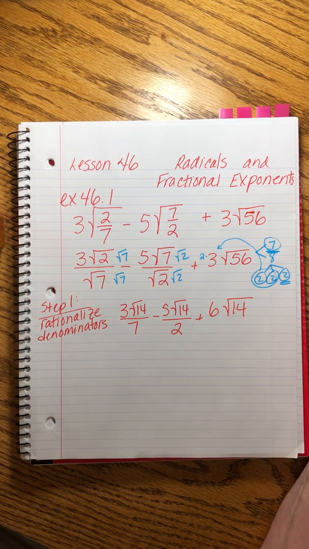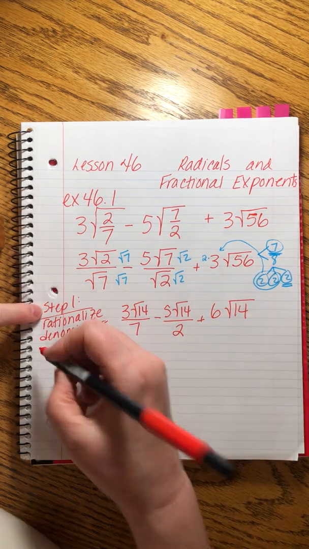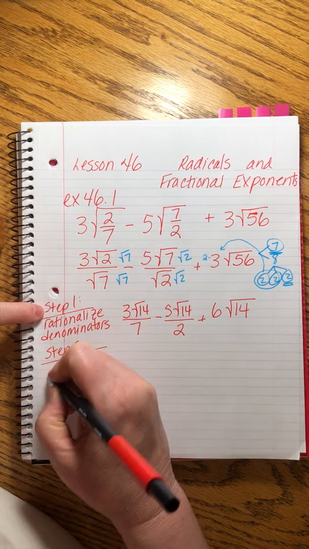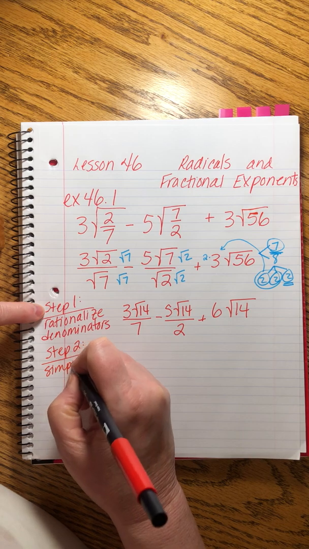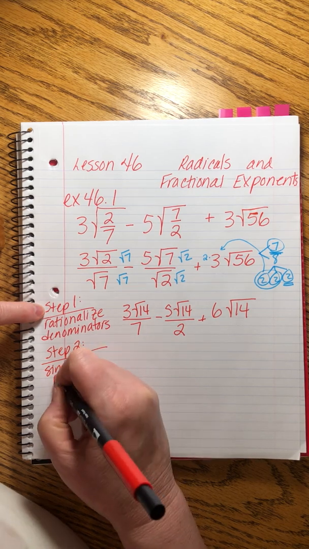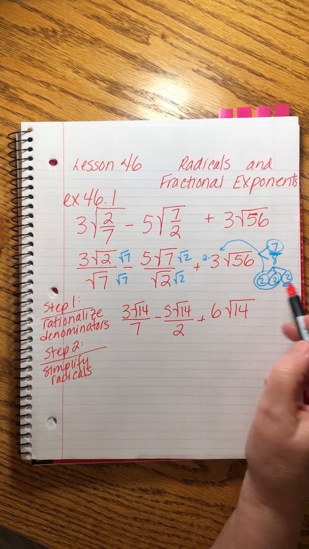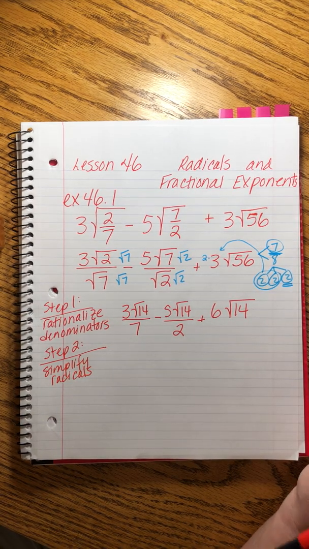Oh, wow. Things have taken a turn, haven't they? I feel better about that. So our second step, which I squeezed in, is we simplified a radical there. So we simplify anything big and beastly, all right? Things are looking really good.